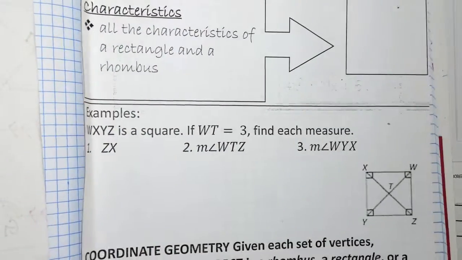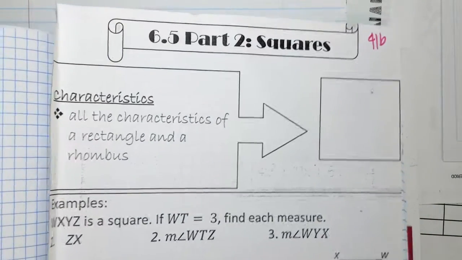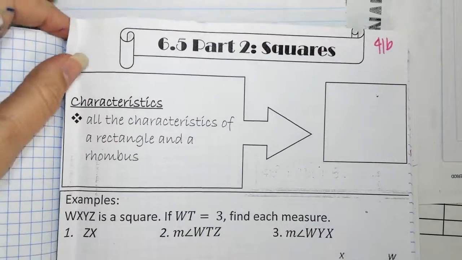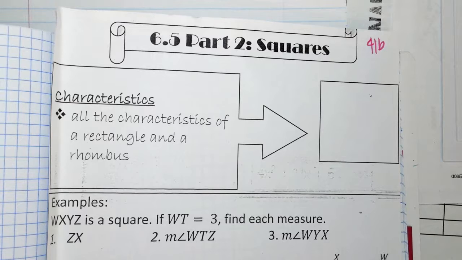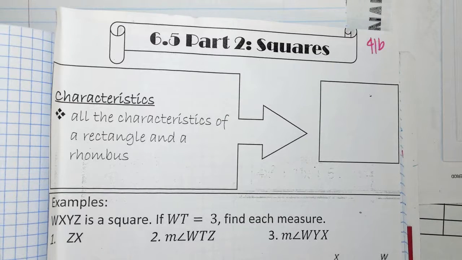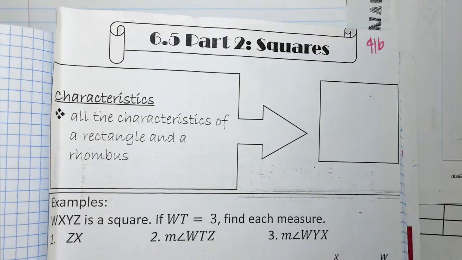All right, remember our learning target, continuing from Friday: I can recognize and apply properties of rhombi and squares. So, a square has all the characteristics of a rectangle and a rhombus. So what does that mean first for all of the angles? They're all right angles. Take a point.